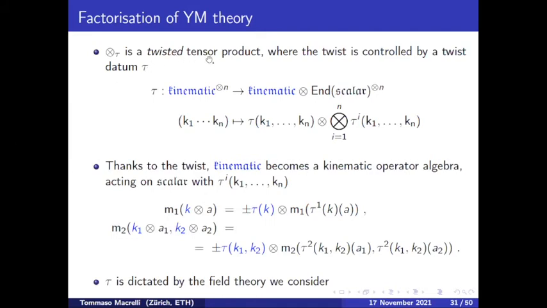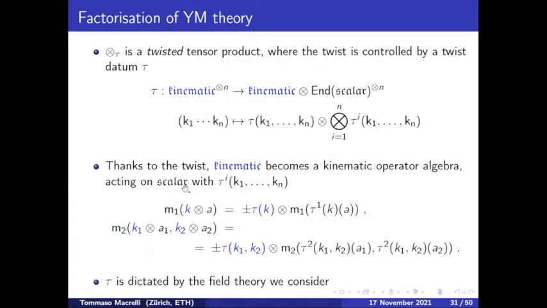So this twisted tensor product is defined by the introduction of a twist datum that simply says how the kinematic part acts in an operatorial way on the scalar part.